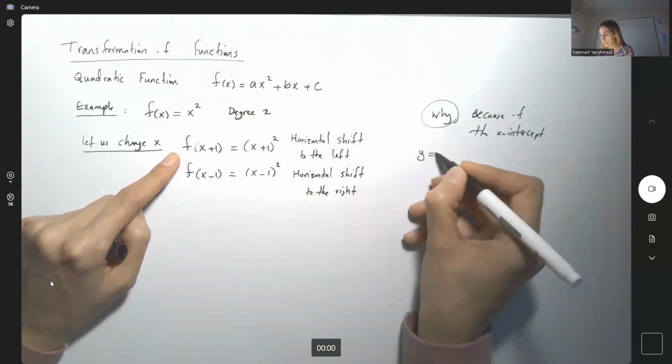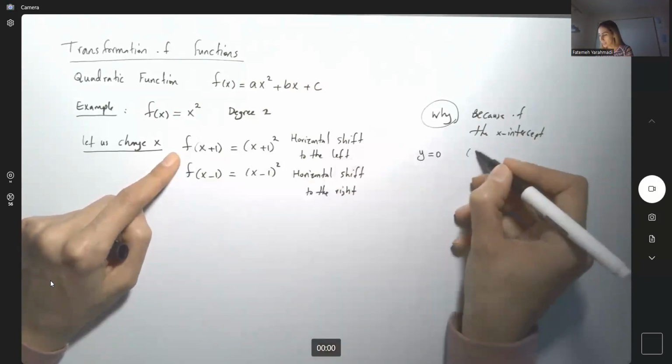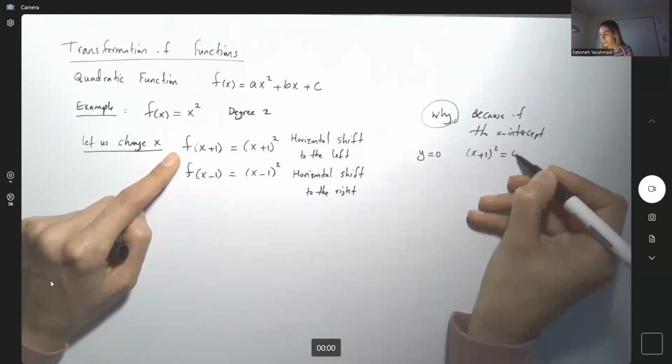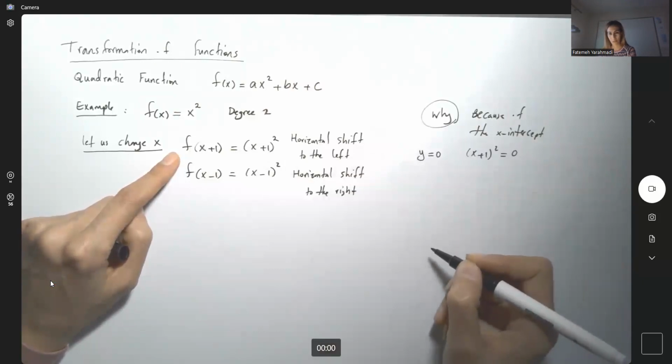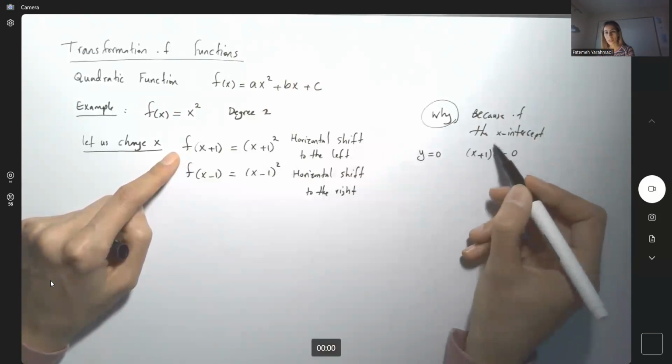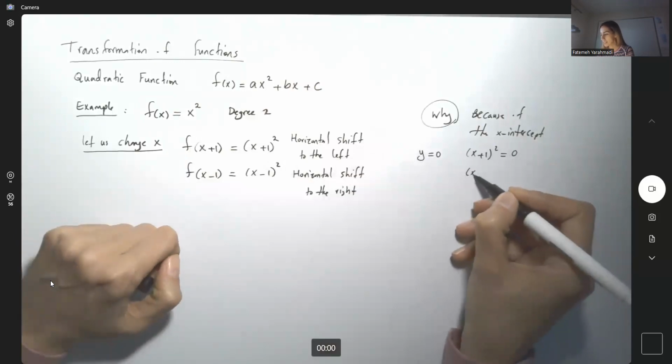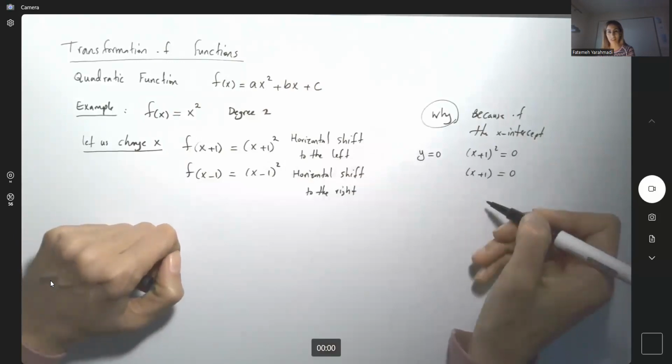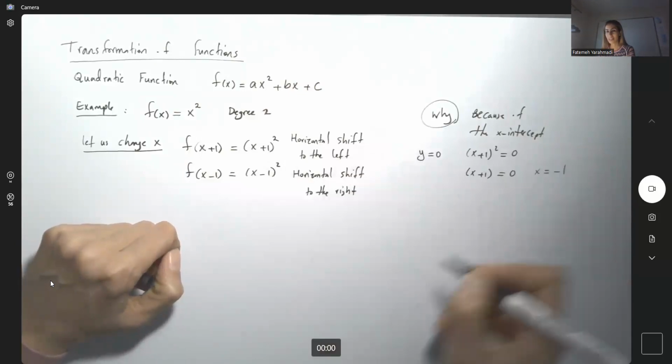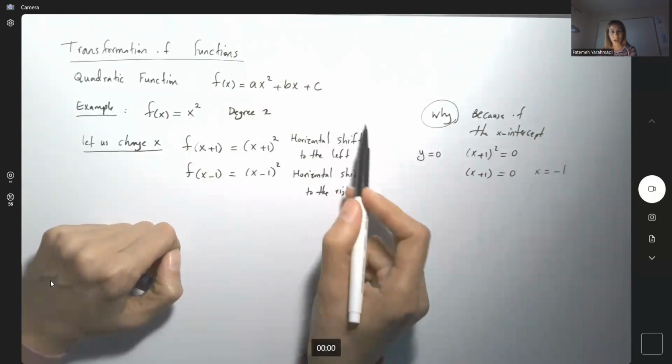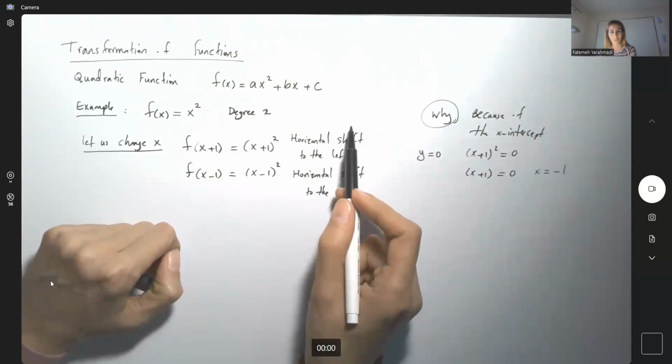So when y is equal to 0, it means that x plus 1 to the second power is equal to 0. But this quantity to the second power is 0. It means that x plus 1 must be 0, or x must be negative 1. That's why you have a shift to the left.